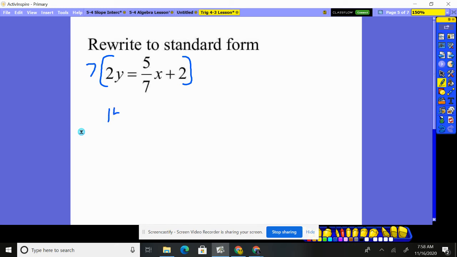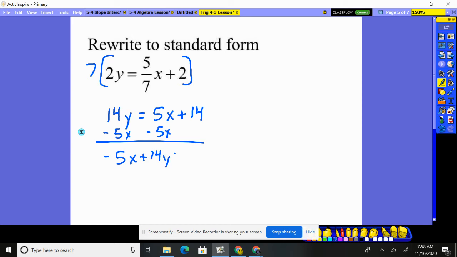That gives me 14y equals 5x plus 14, because 7 times 5 sevenths cleared the 7 out and gave me 5x. Now I need to move my 5x over. So I subtract 5x. I have negative 5x plus 14y equals 14.